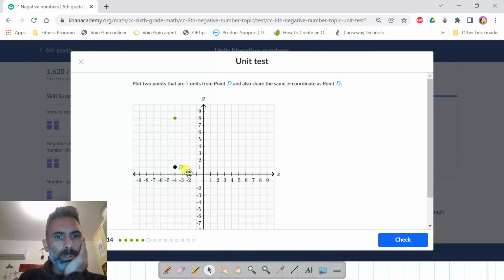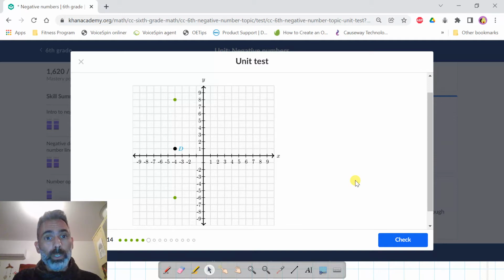And the other point is on -4, which is the same x-coordinate as point D, and -6 on the y-axis. So the distance from D to the x-axis is 1 unit, and from the axis to the point is another 6, so in total is 7 units. Okay.